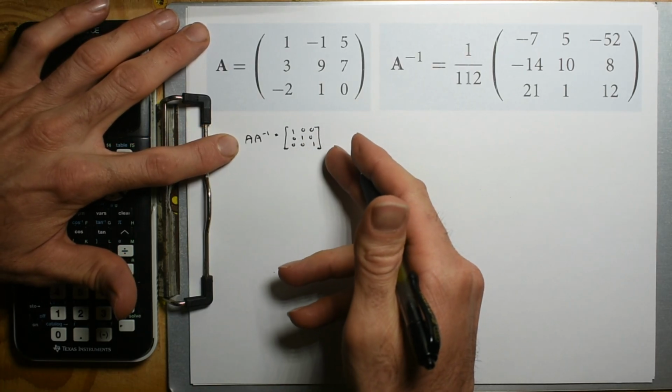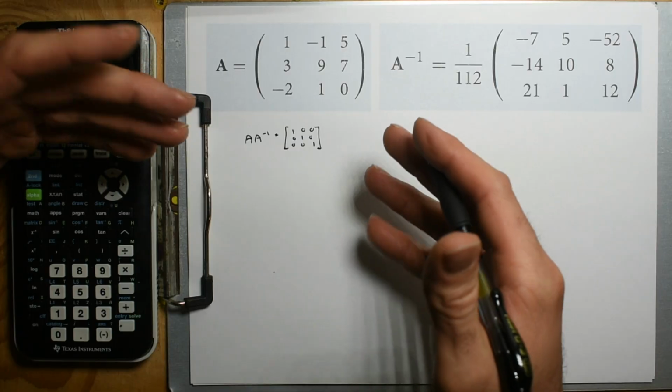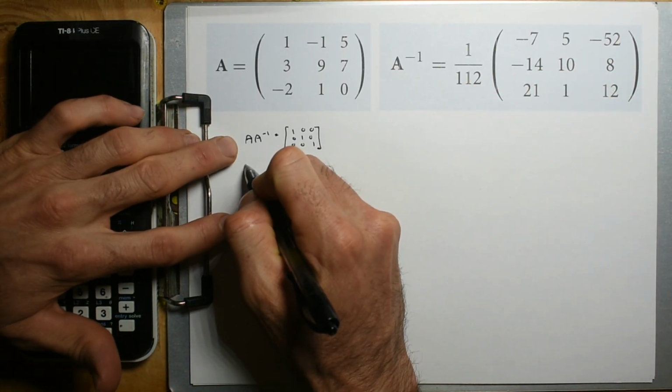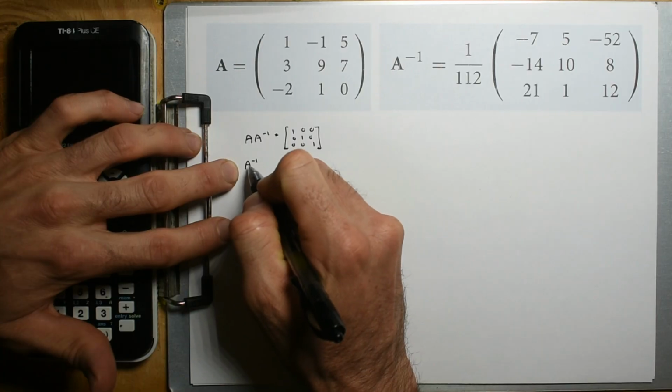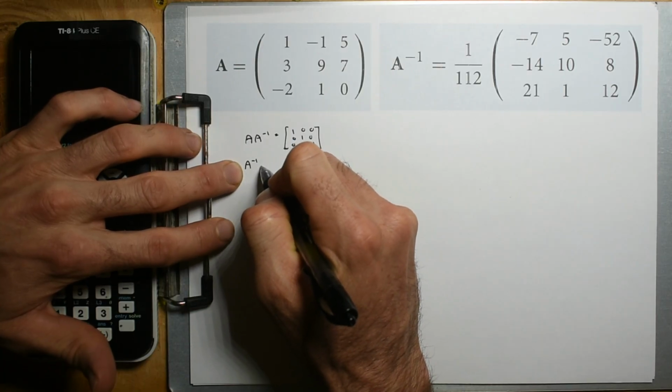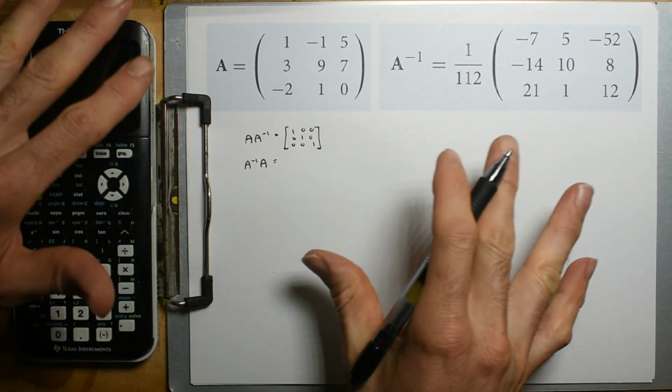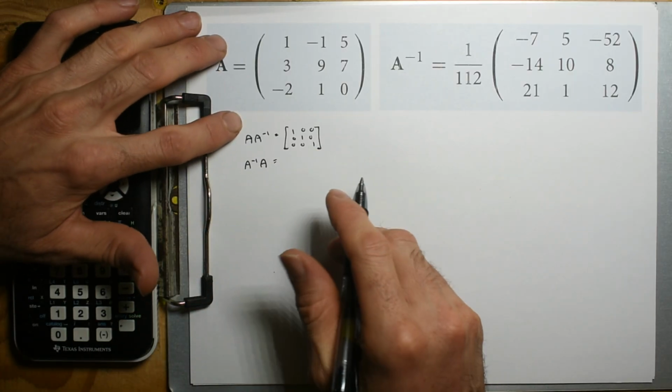It also can help us figure out the inverse, because I want to solve this using just 9 equations, 9 unknowns. The other thing is I can do the inverse matrix times A, so the order doesn't matter, it still comes out the same.